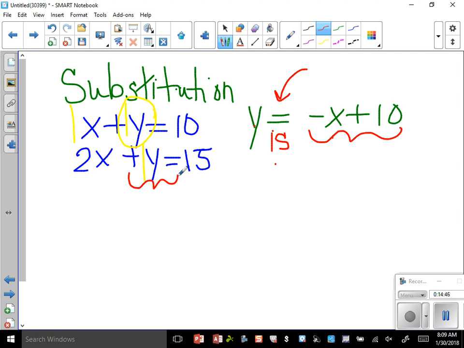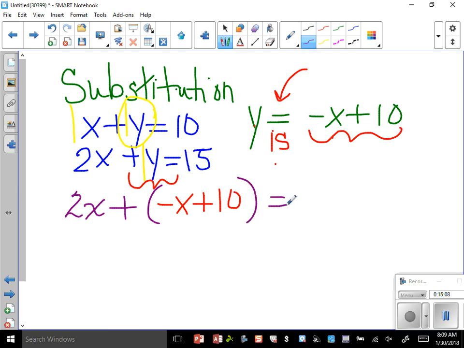Okay, I'm going to substitute it with negative x plus 10. So I'm going to bring down the 2x, that's not changing. Okay, then I'm going to bring down the plus sign, but then I'm going to put the substitution part in parentheses, which is negative x plus 10, because that's what y is called now. And then equals 15. So that's where the substitution method comes in. So I'm substituting y for being negative x plus 10.